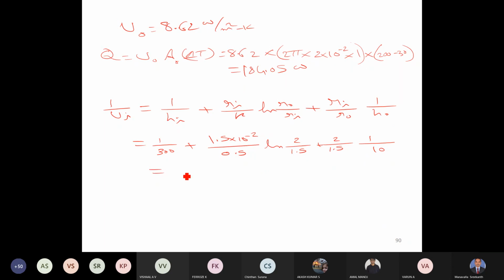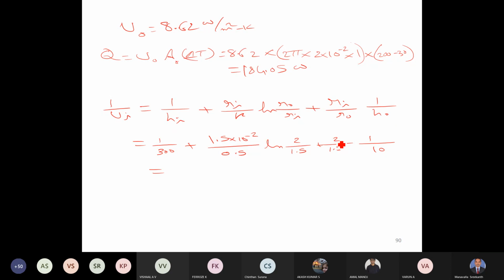Okay, so let's compute this. Okay, see there's a mistake here.